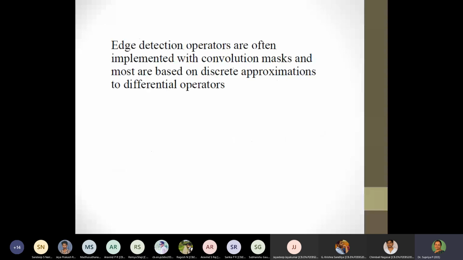And this is one of the major applications of edge detection operators, that many times they are used along with a convolution mask, which means they function as a convolution mask resulting in a filter, and they are based on discrete approximations of differential operators.